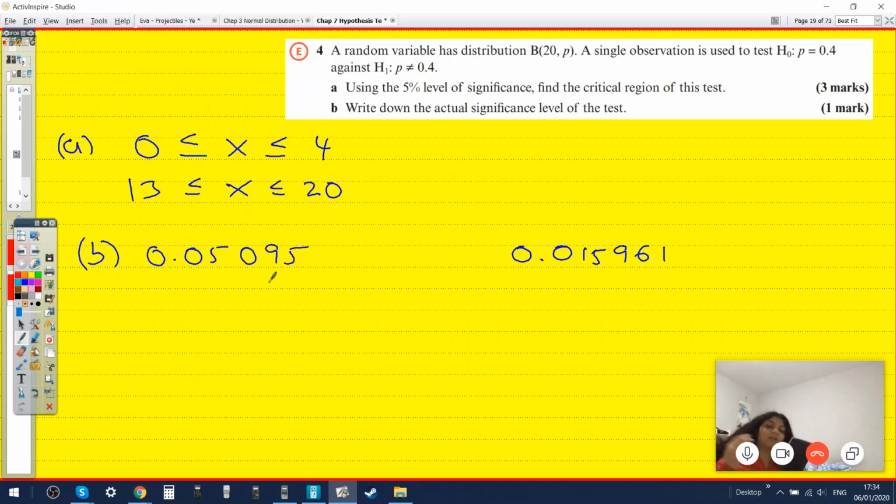And then the other one is 0.02103, I think. I'm not sure if I did that right though. What would you do next? Add them. Okay, go for it.